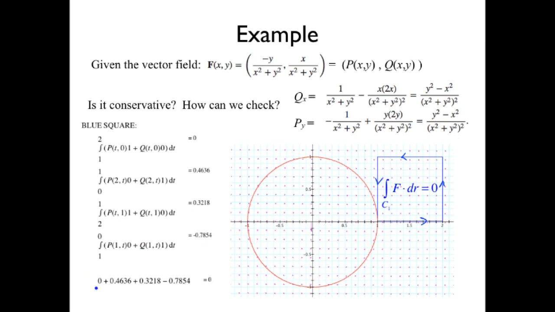I added all those up, 0 plus C2 plus C3 plus C4, and I got 0. So I did F dot dr each time, which would be P times dx/dt plus Q times dy/dt, etc. And I added all those up, and I got 0.